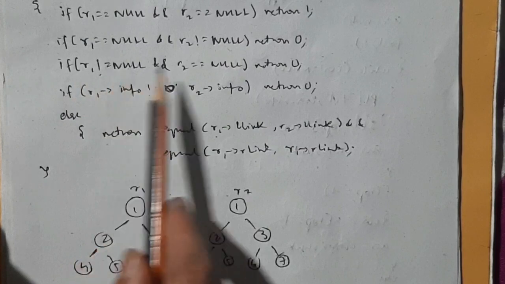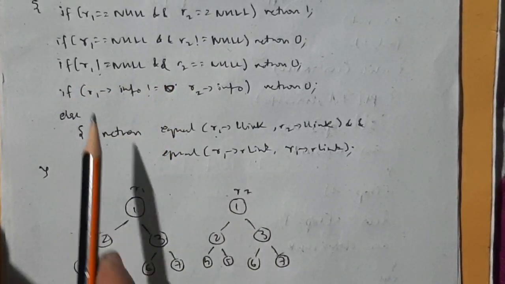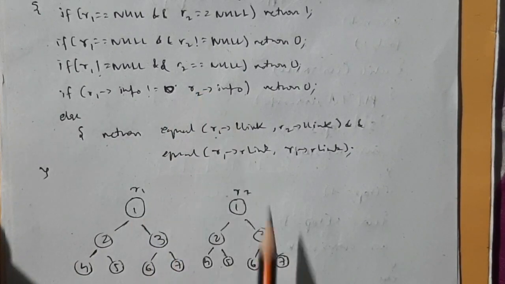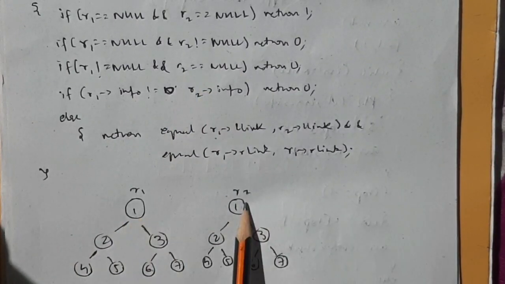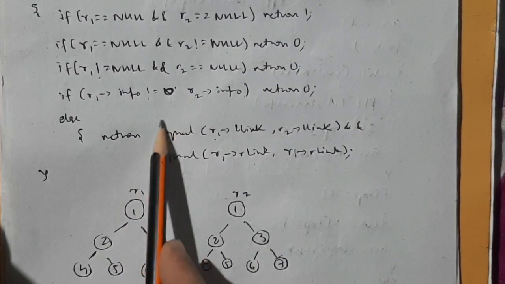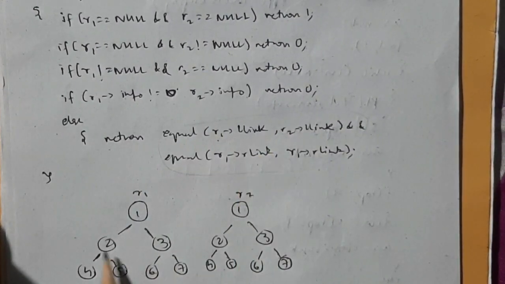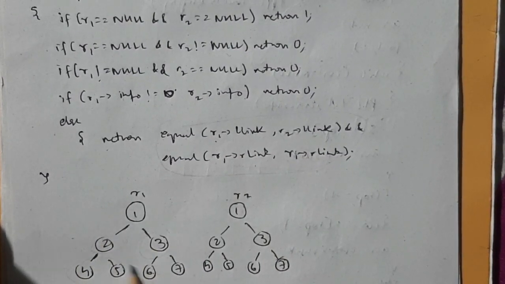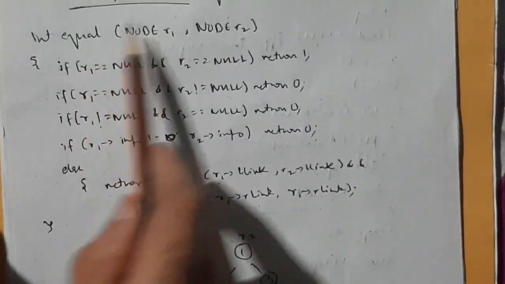Similarly, if R1 is not null and R2 is null, that is also not equal. So if R1 of info, means this one, is equal to R2 of info, means this one, then we have to check this is equal, this is equal. So then we will call the same function again for L link as well as R link. When this one is checked, then this will be checked. Okay, so that's the way you check if 2 trees are equal.